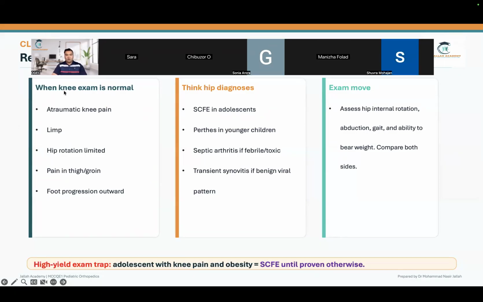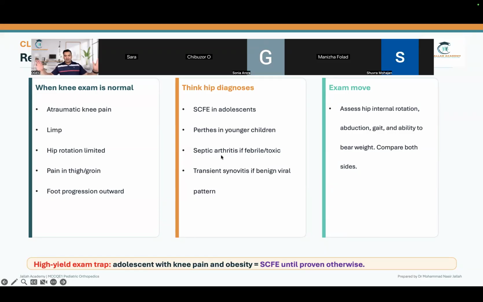Okay. When the knee exam is normal, with atraumatic knee pain, limp, limited hip rotation, pain in the thigh and groin, and foot progression outward, it is the hip, it is not the knee. Think hip diagnosis: slipped capital femoral epiphysis in adolescents, Perthes in young children. So this one is 13 years old, this one is 4 to 8 years old.